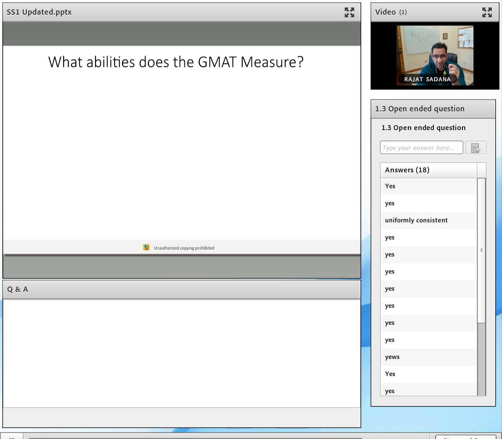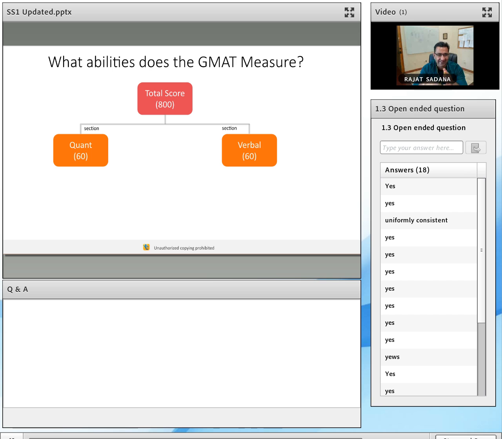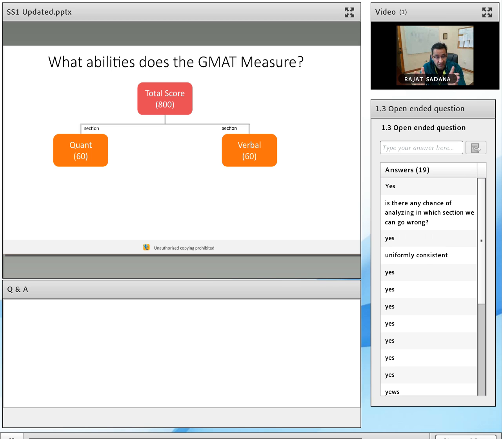So the next question really is, what abilities does the GMAT measure? To do that, it's actually fairly simple. When you think about that score of 800 and you say, I want to get 760 or 730 out of 800, you're only worried about that. But that 760 or 730 score is composed of quant and verbal abilities, or scores out of 60.